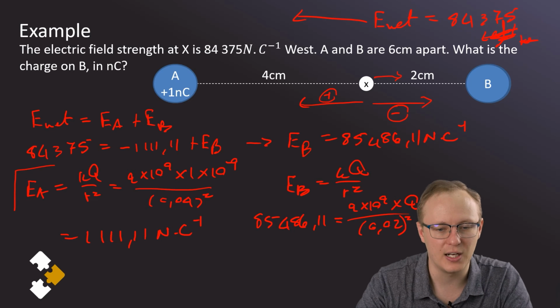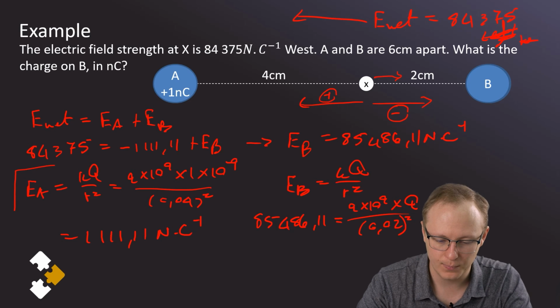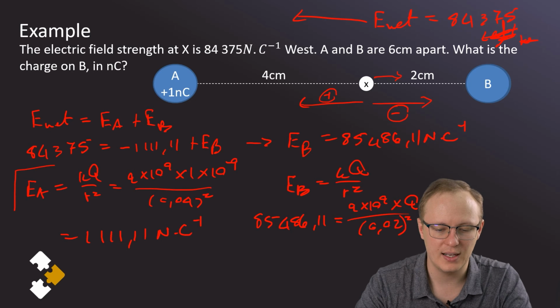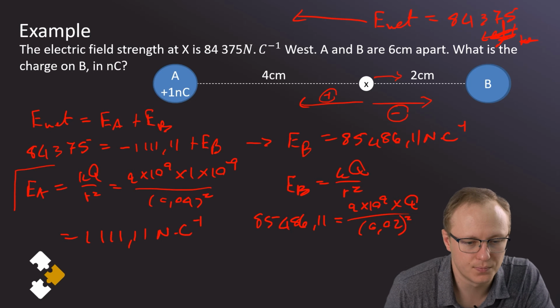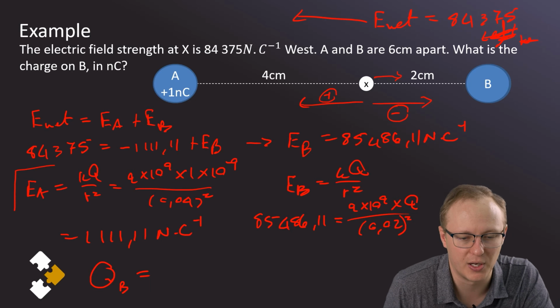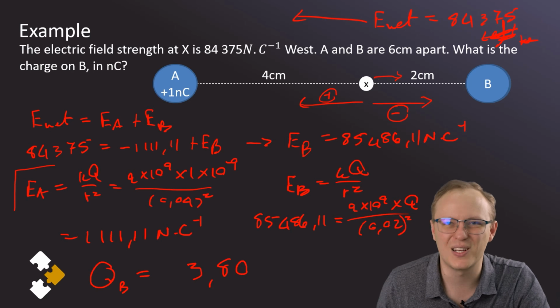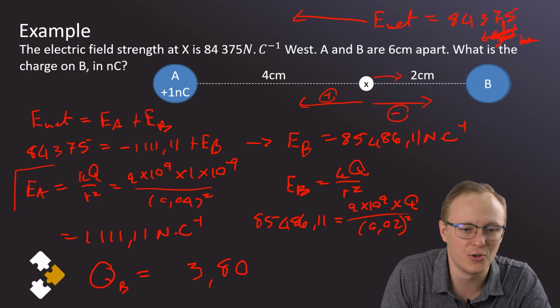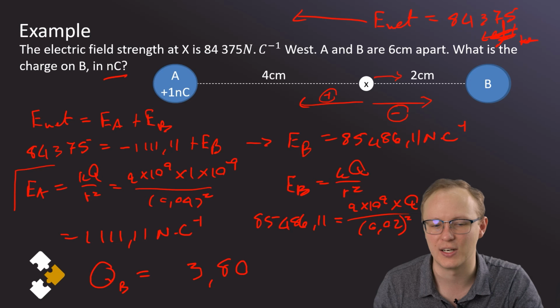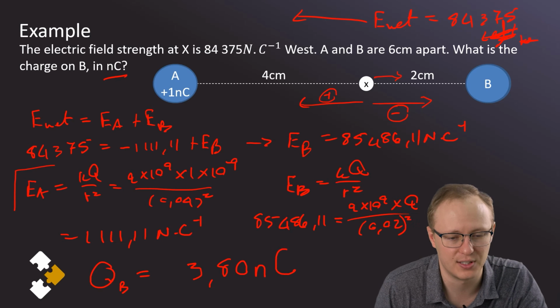And then I'm going to divide it by the coefficient of Q, which is the 9 times 10 to the 9. And I get here that Q, right? So I'm going to actually just write QB, so you know I'm talking about B, is going to be 3.80, and then it's times 10 to the negative 9, but I know that we want the answer in nanocoulombs, and I know that times 10 to the negative 9 is nanocoulombs, so I'm just going to write here nanocoulombs and leave out the 10 to the negative 9.